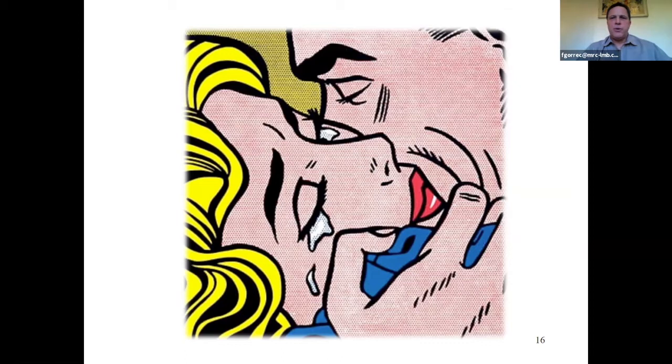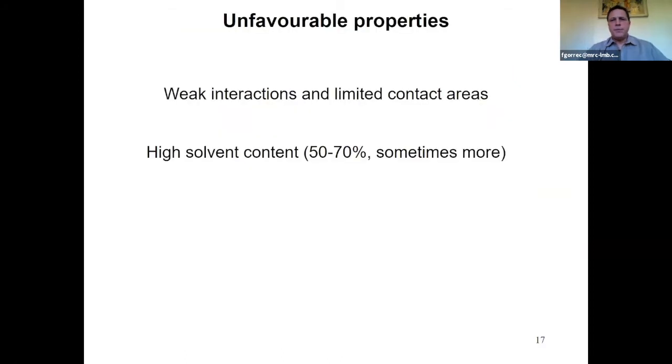So why didn't this crystal diffract? We have to look at the internal qualities of the crystal and how it holds together. The molecules hold together with weak interactions, hydrogen bonds, and hydrophobic interactions. The contact areas that make the crystal contacts are usually relatively limited. So it is a more flexible entity than anything else.